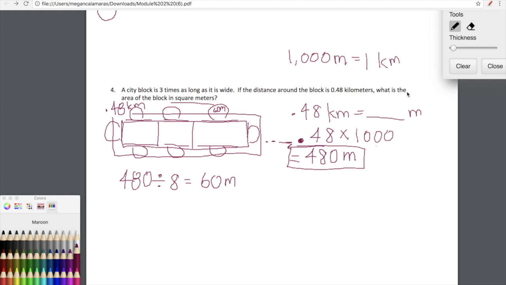The final question is asking, what is the area of the block in square meters? Okay, so area, we've done a lot of work with rectangles. Area is equal to the length times the width.